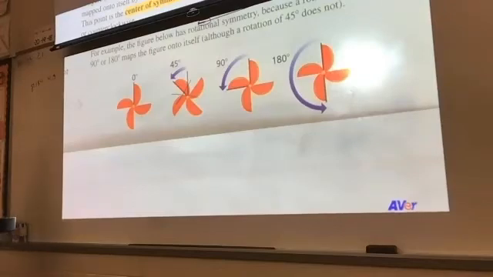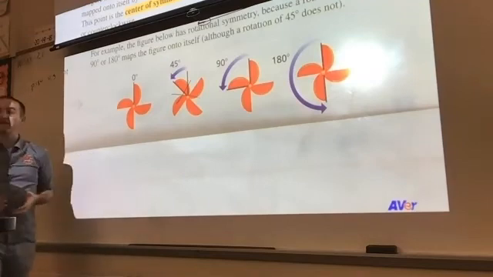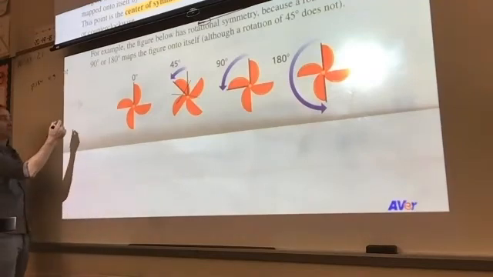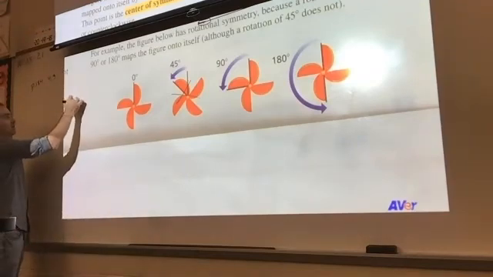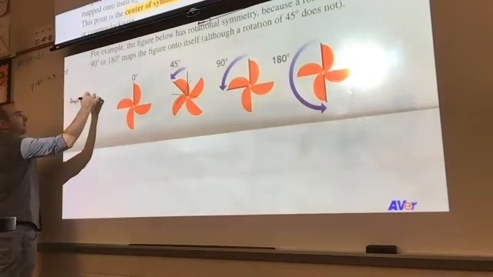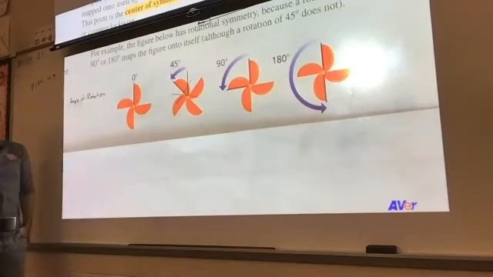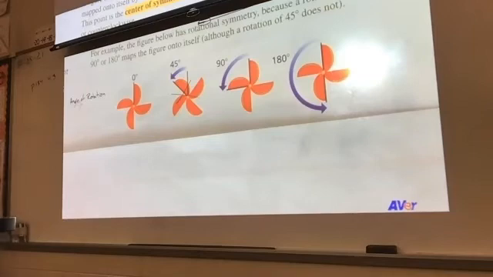Okay, on the quiz, on the test, we're going to ask for two things. We're going to ask for the angle of rotation. And the angle of rotation is going to be the smallest number of degrees we can turn it before it looks the exact same. So when we ask for angle of rotation, I don't need 90, 180, 270.